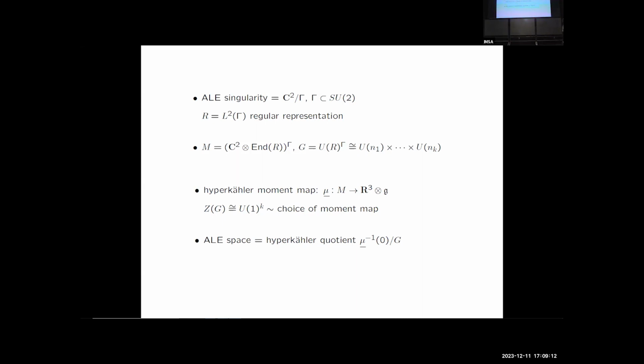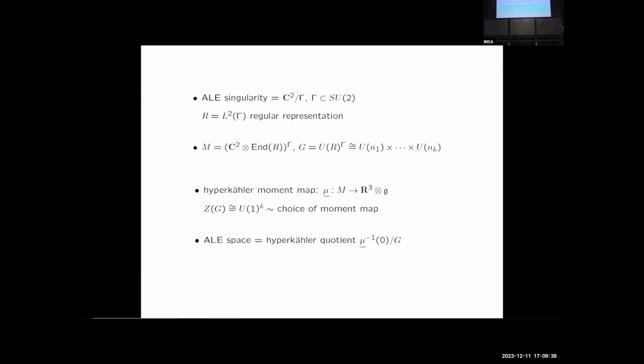So there's a map into R3 tensored with the Lie algebra. And there's a choice here, because each one of those unitary groups has a center. In order to have an equivariant moment map, you can always change it by something which is invariant under the action. So you have a choice depending on the center there.